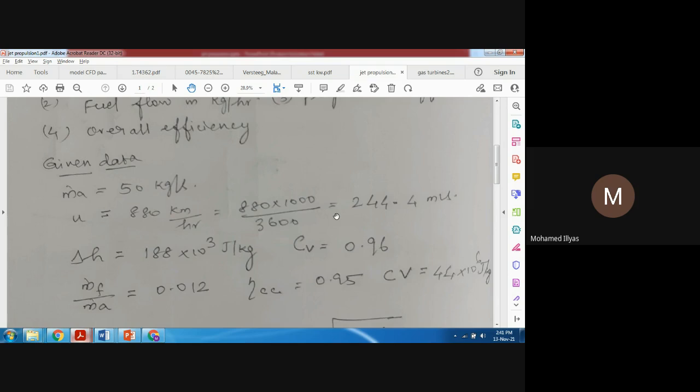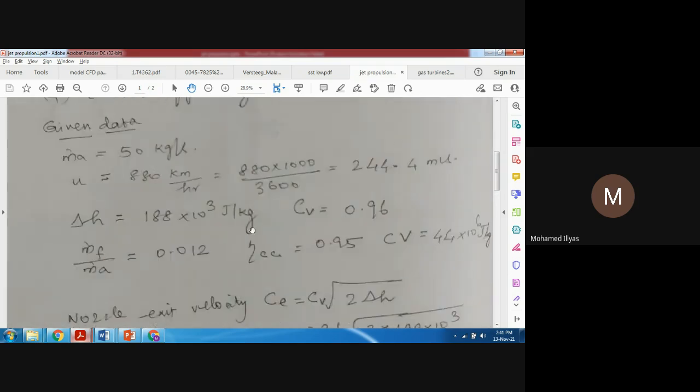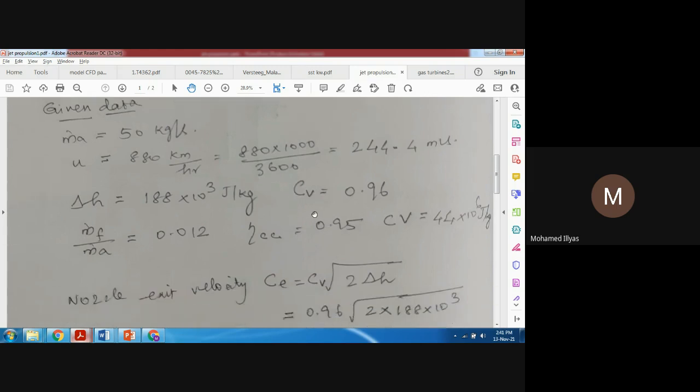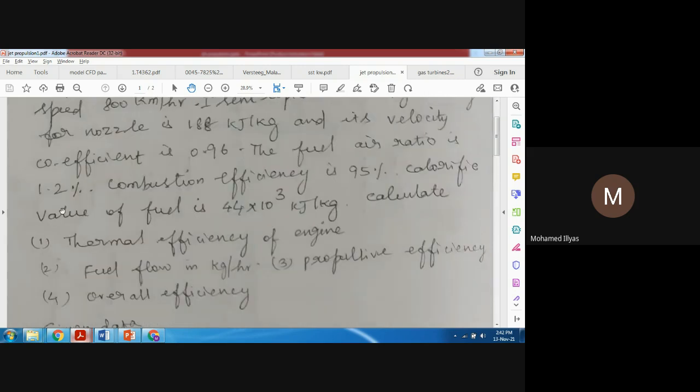And they have given the enthalpy change, so I'll put the change in enthalpy as 188 into 10 power 3 joules per kg. And they have given another, the coefficient of velocity. Okay, I'll come to this later. And the mass flow rate of the fuel and the mass flow rate of the air, that ratio they have given, that is 1.2 percent.